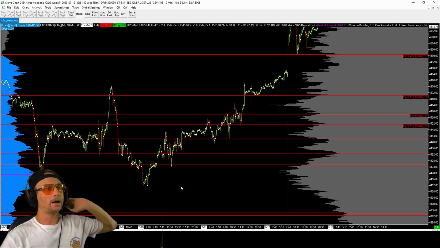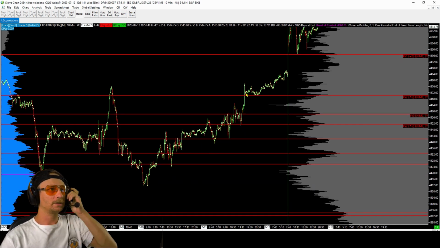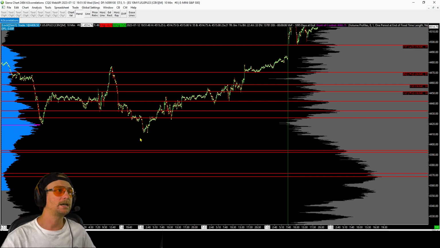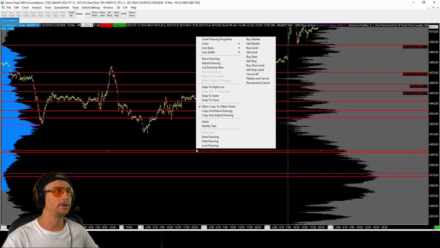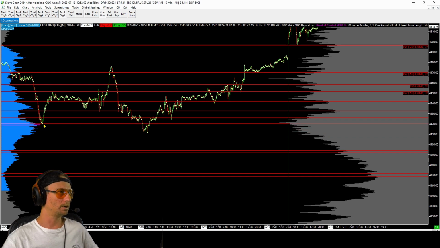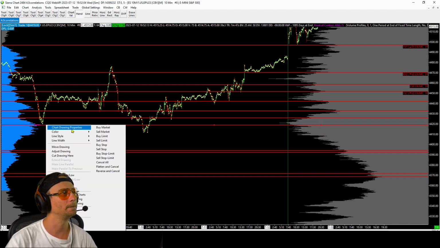The next thing I would do, so I would label that based off of how many times something was tested, right? So the next thing I want to do is copy and adjust drawing. So right here on the composite are a bunch of high nodes. This is the POC.